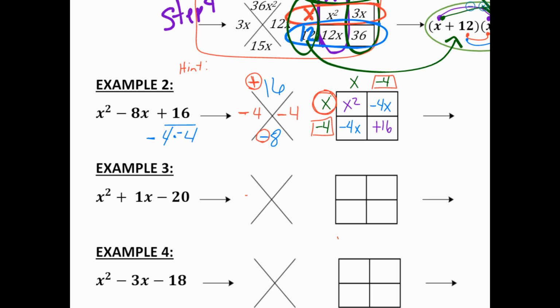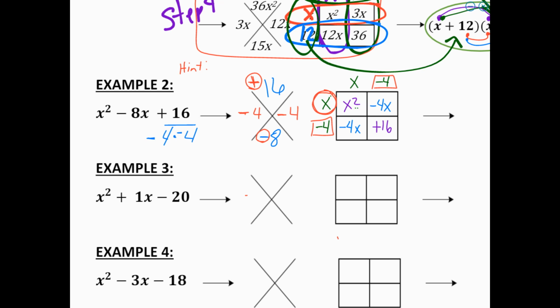Negative 4, or that blank, I should say. Okay. So when this one right here is just x squared, I automatically know 2 pieces to my puzzle, right? So that makes it easier to figure out my other blanks.